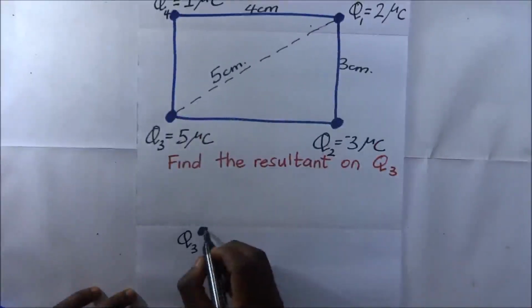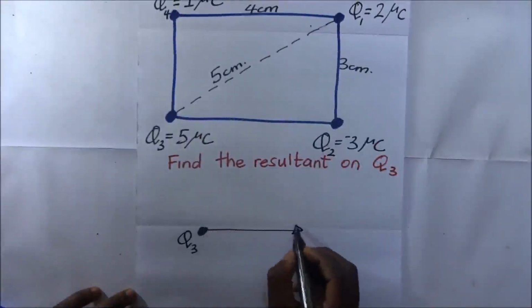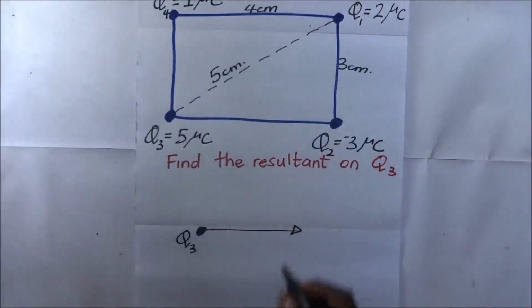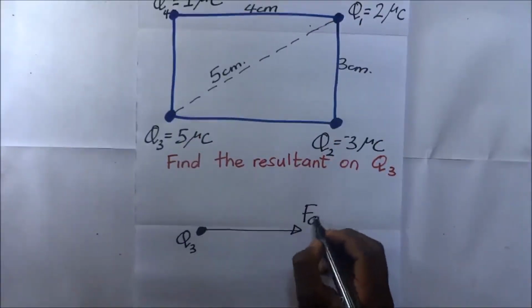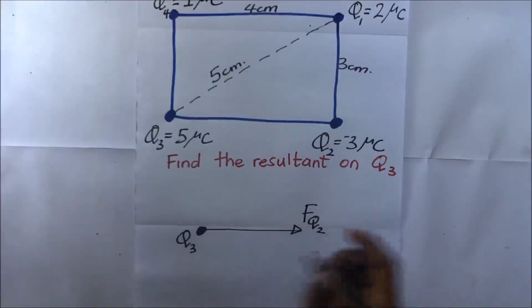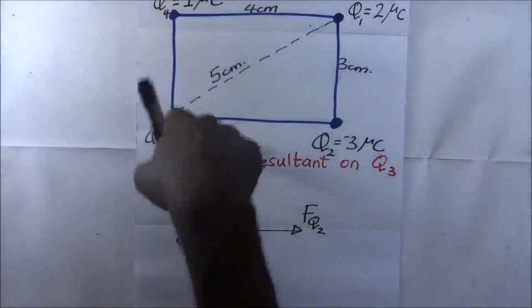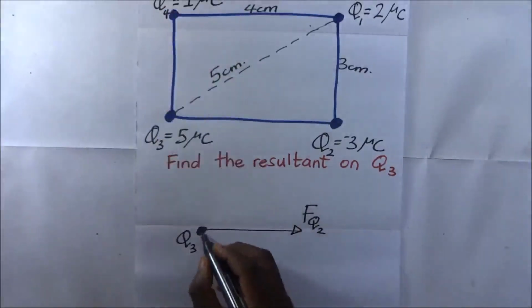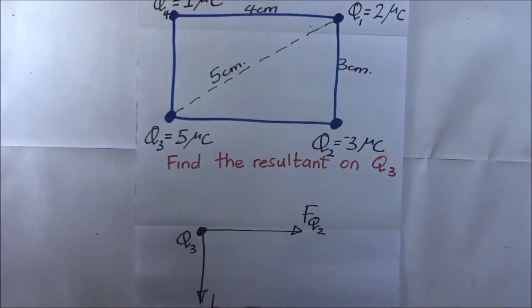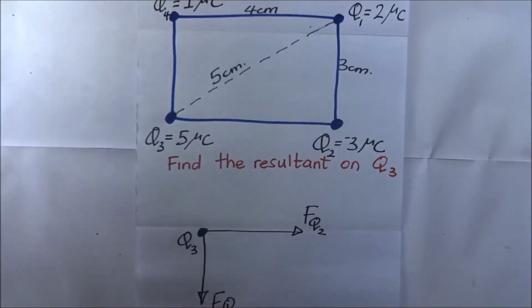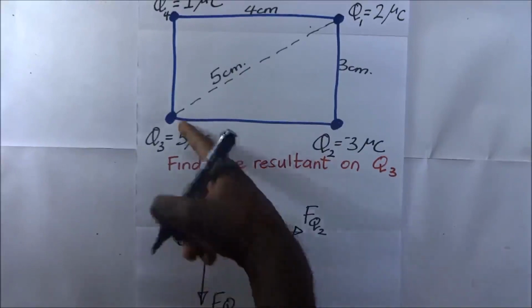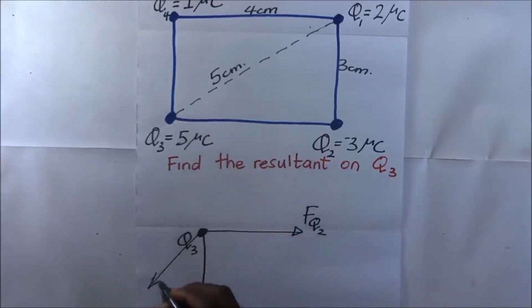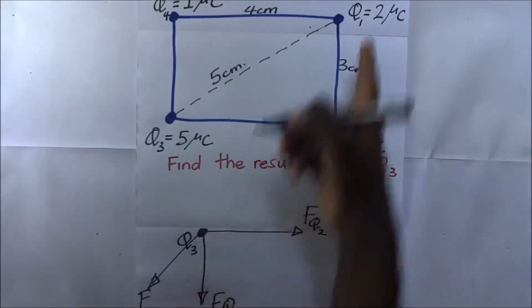We have force due to Q2 in that direction. We have force due to Q4 moving downwards. And then we have this in this direction, force due to Q1.